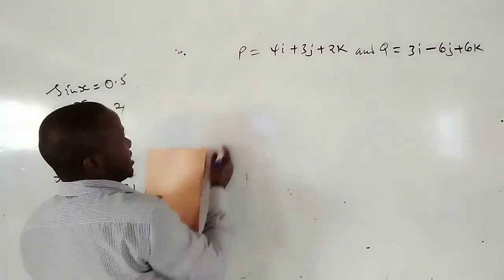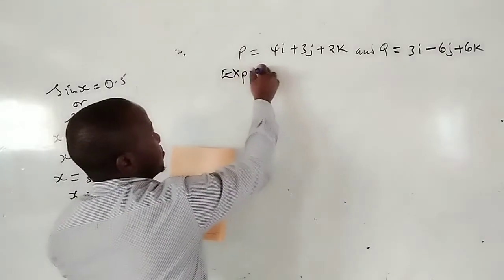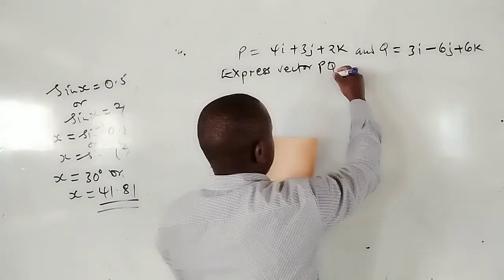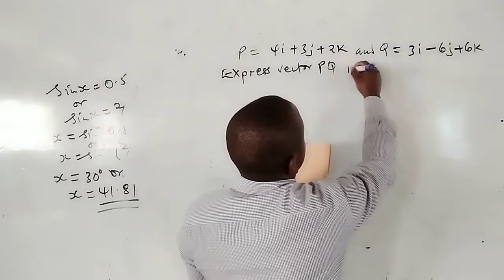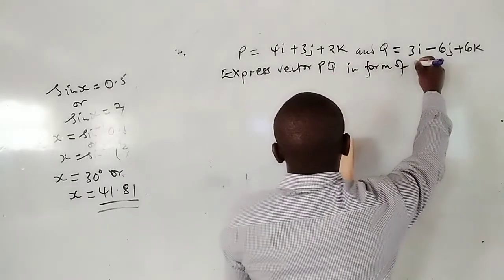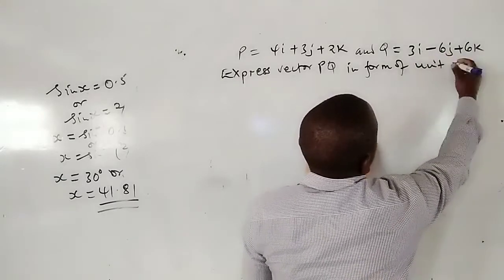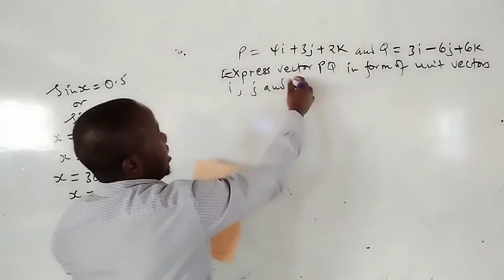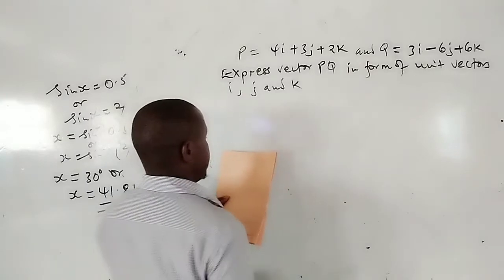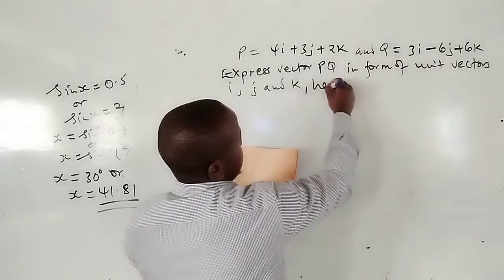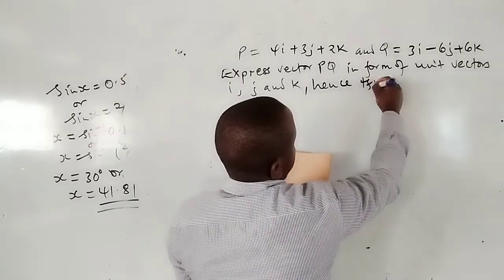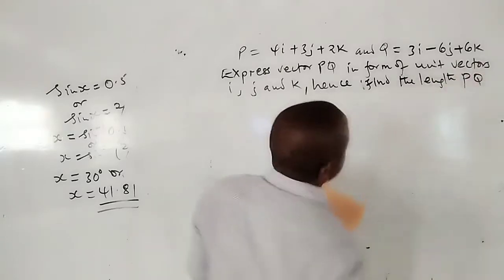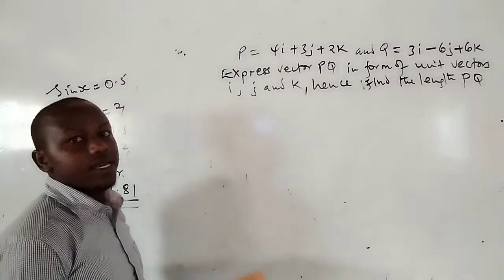Express vector PQ in form of unit vectors i, j, and k. Hence find the length PQ, leaving the answer in surd form.